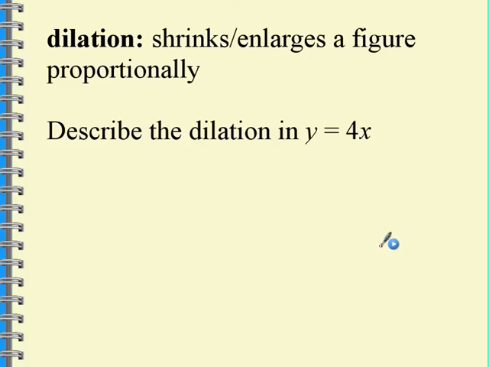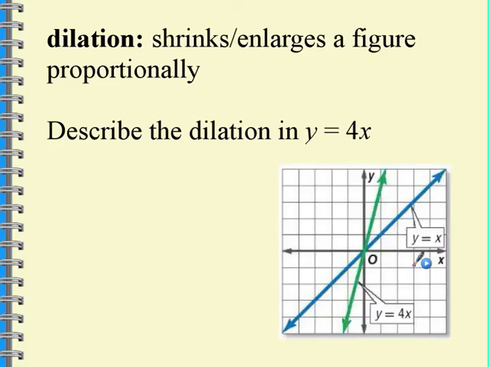What can you tell me about it? It's an identity function. And if you compare it to y equals x, look at what it did. It made it steeper, because look at that green function. It now shoots up a lot faster.